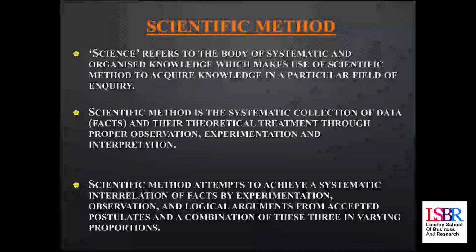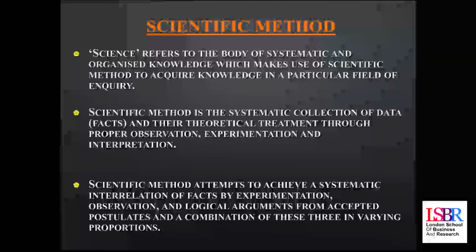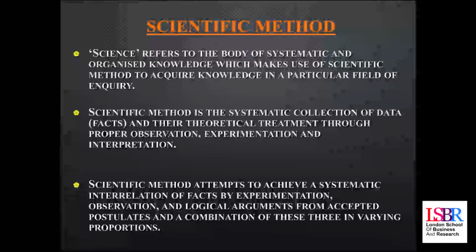Now, the scientific method is a systematic collection of data, or in other words, facts, okay? Primary and secondary data is factual information to a large degree, and their theoretical treatment through proper observation, perhaps experimentation, but particularly interpretation. So it's how you take the data that you have through that process of observing it, understanding it, perhaps experimenting with it.